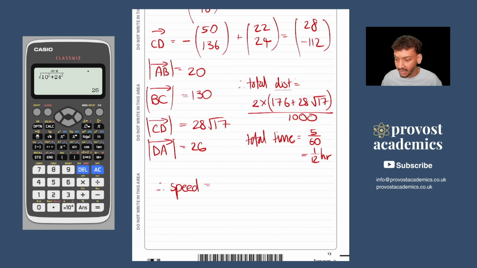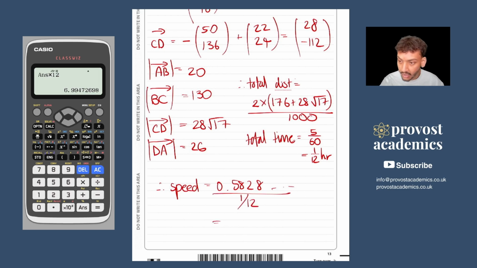So let's actually find this distance. So 2 times 176 plus 28 square root of 17. Let's just divide that by 1,000 to give us 0.5828... Then divide this by 1/12, well, actually technically just times it by 12 and we'll get our answer.